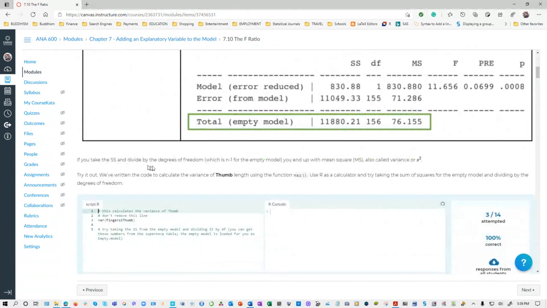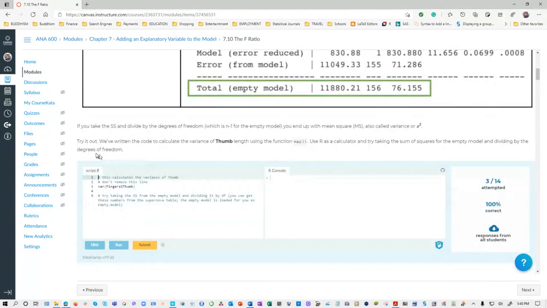If you take the SS divided by the degrees of freedom, which is n minus 1 for the empty model, you end up with the mean squared. This divided by that will give you the mean squared error model. Sum of squares residual divided by the degrees of freedom of residual gives you the mean squared residual. Total sum of squares divided by its own degrees of freedom gives you the mean squared total. See, like that.